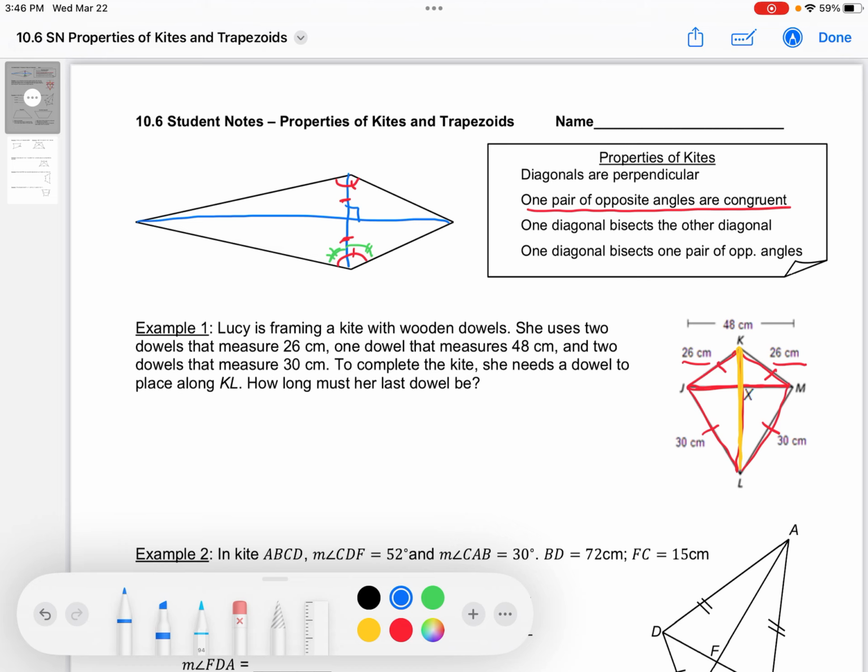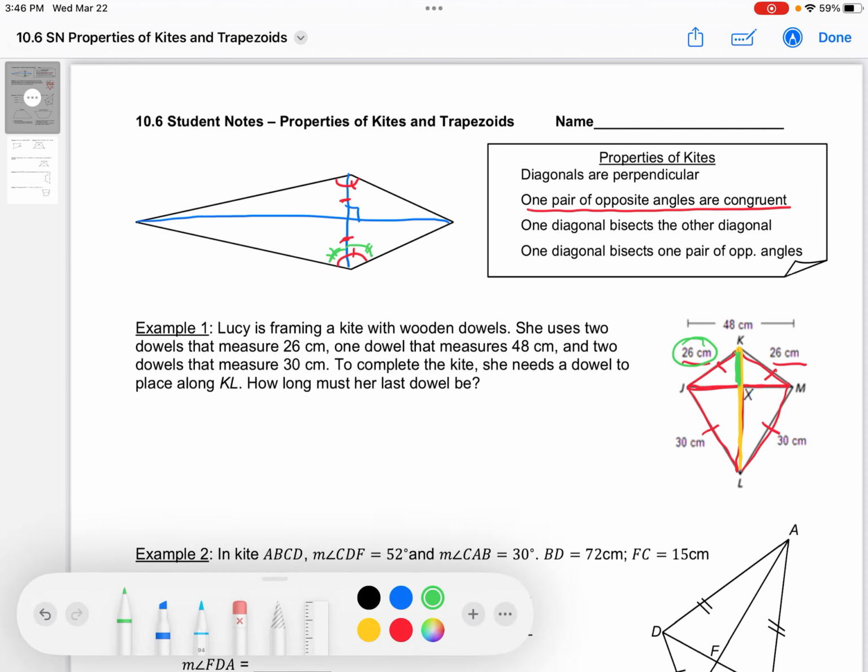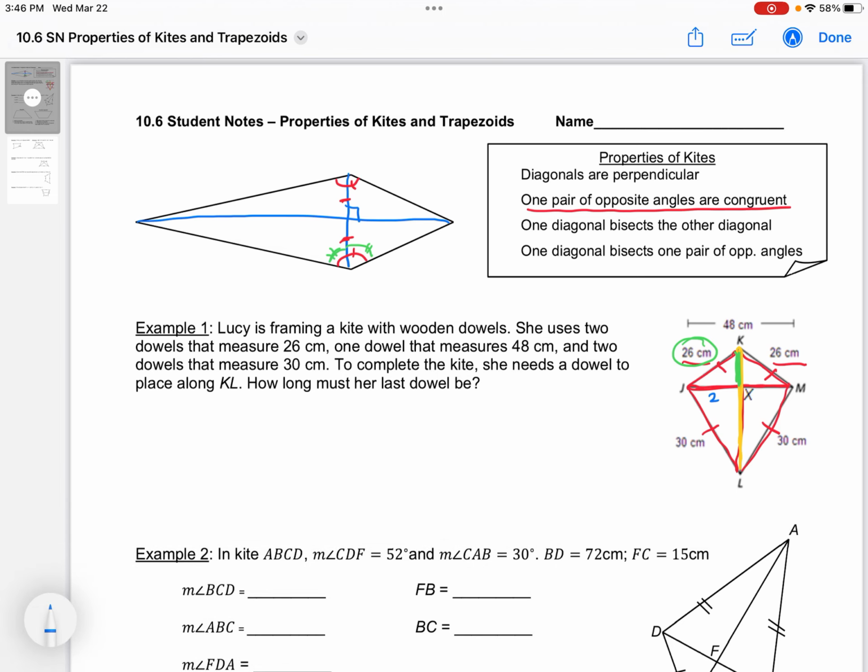So I'm thinking we're going to use some triangles here. What do you think? All right, so I guess the X is supposed to be that whole long KL. So let's talk about, I'll use green, let's talk about this part because we know that we have 26 on this side and we know that the other one is bisected, which means that this is half of 48, which is 24.